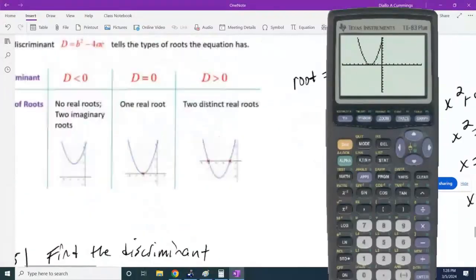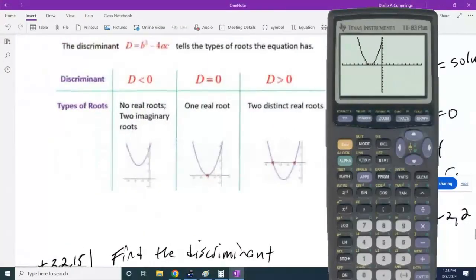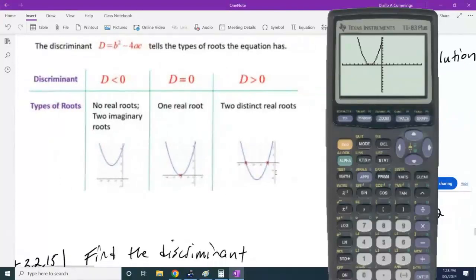If your discriminant is positive, you should have two distinct roots. If the discriminant is 0, once you calculate b squared minus 4ac, then it has one real root.